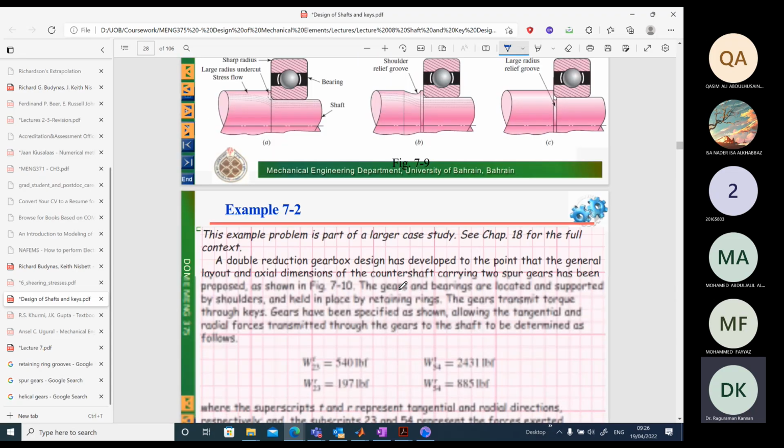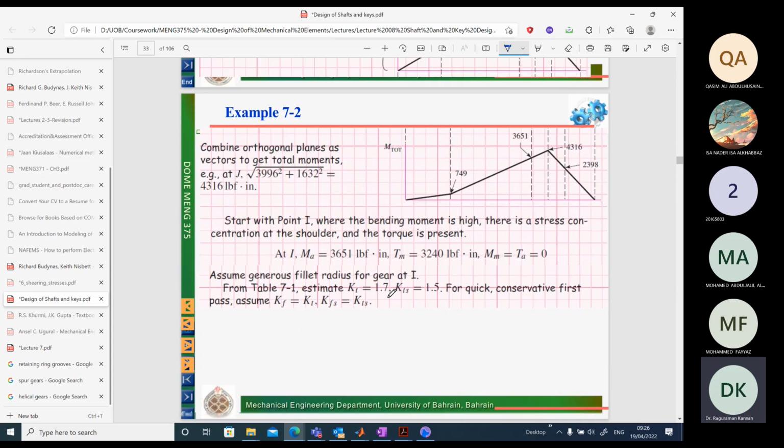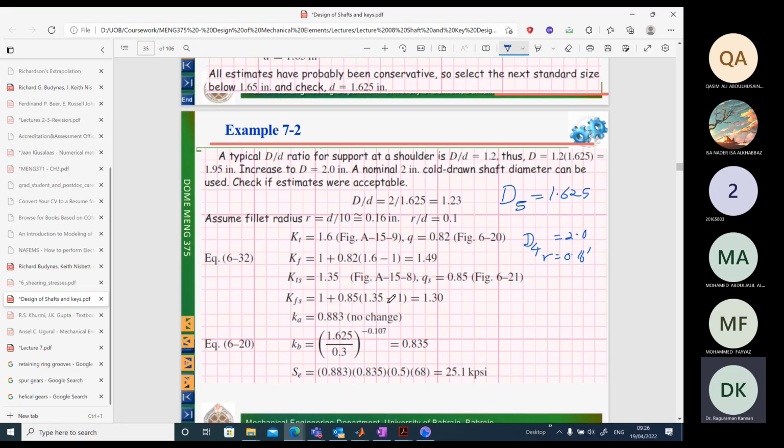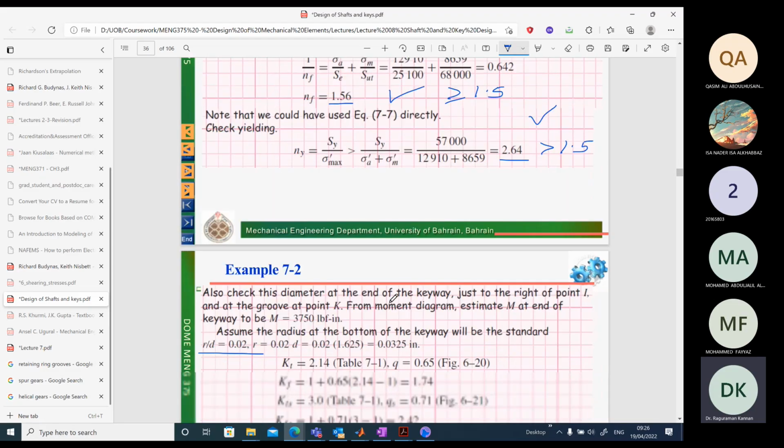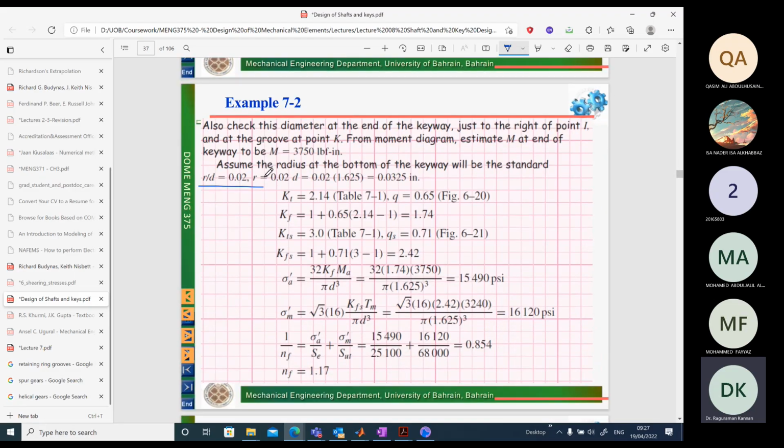So using this ratio, here we calculate what the radius is, and then based upon the fillet radius you again calculate all these stress concentration effects, and again calculate the fatigue factor of safety. With the key seat, this is less than 1.5. We have a problem.